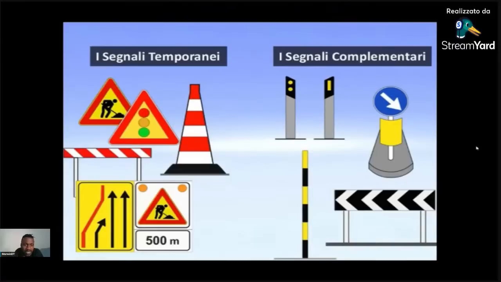I segnali complementari are signs or panels that are being used for specific reasons or to define the road. Let's move forward.